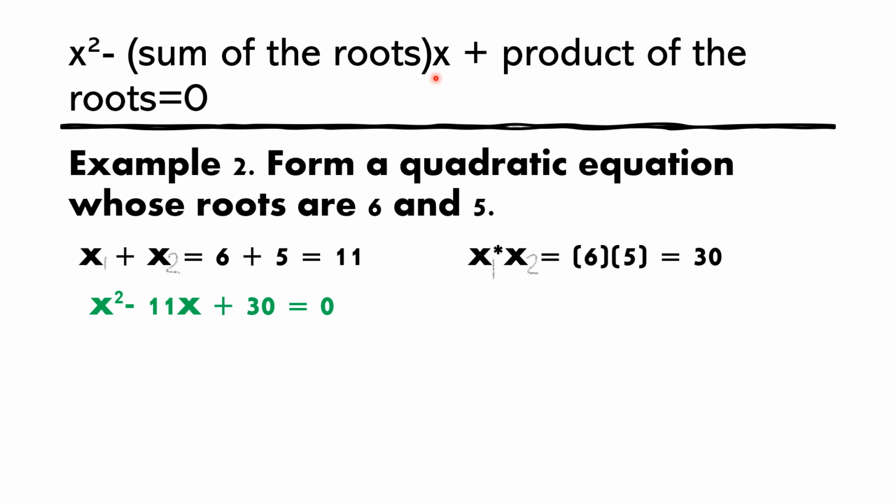Ayan, na nakalagay, times x plus 30, which is the product of the roots. So that's how you're going to form a quadratic equation given the roots or given the sum of the roots and the product of the roots.